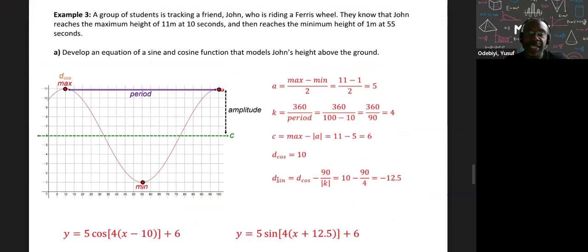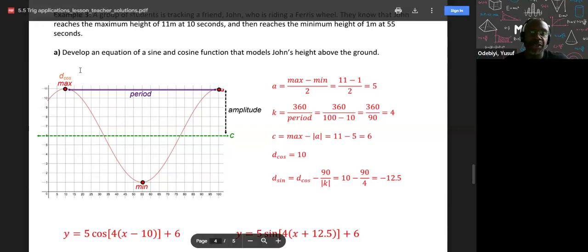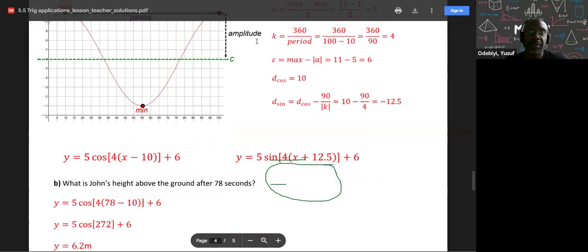My D sine is equal to my D cos minus 90 divided by K. This is a formula you should know, and I'm just going to circle it here. If you want to go from cos to sine, my D cos is related to my max value, and my D sine is just my D cos minus 90 divided by K. K we know is 4, so then you get 12.5. So now we have all the things that we need in order to get the equation.